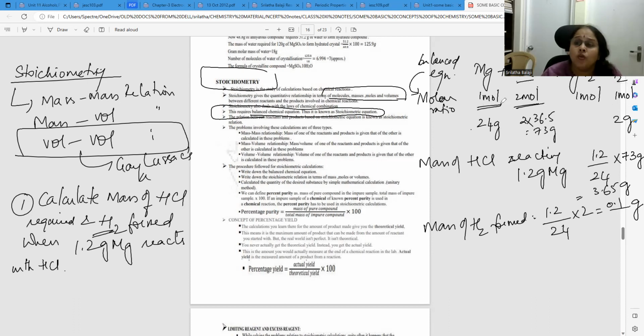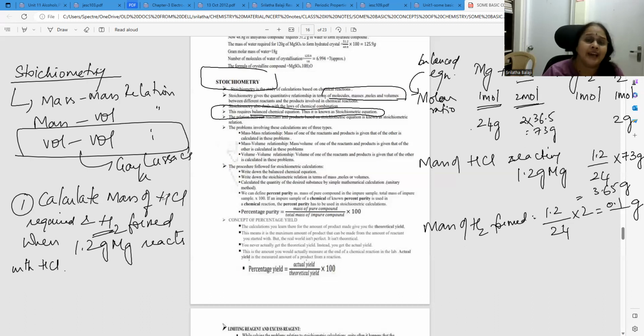What is the mass of 1 mole of magnesium? 24 grams. What's the mass of 2 moles of HCl? That's why I made you do the calculations, because quick conversion of mole to mass, mole to volume is needed. So 2 moles of HCl is 2 into 36.5, 73 grams, and 1 mole of hydrogen weighs 2 grams.